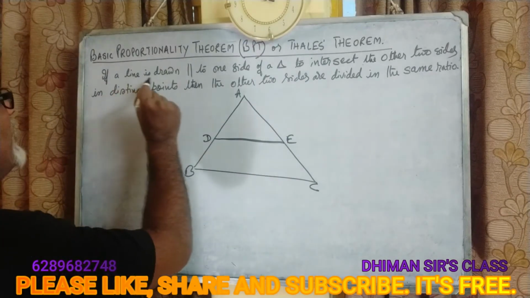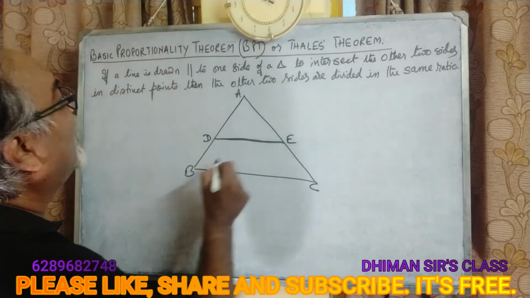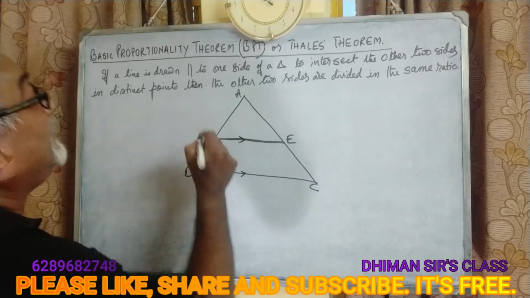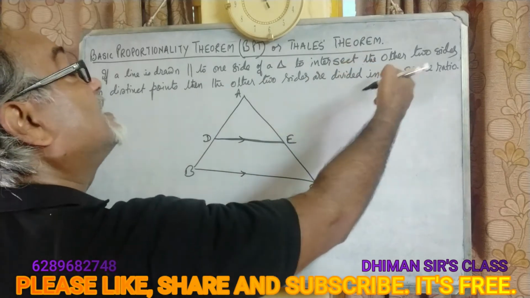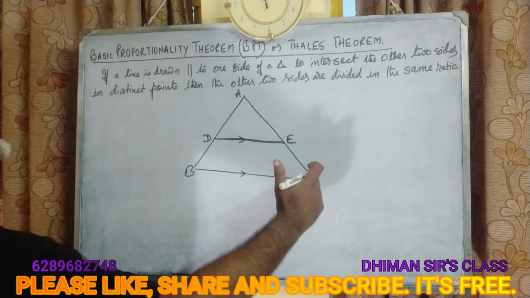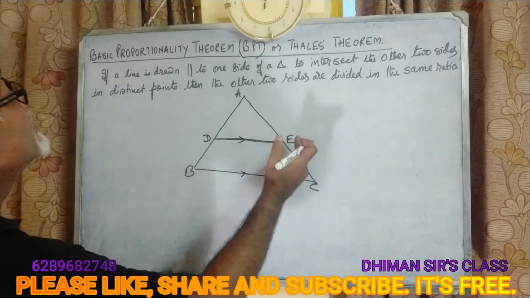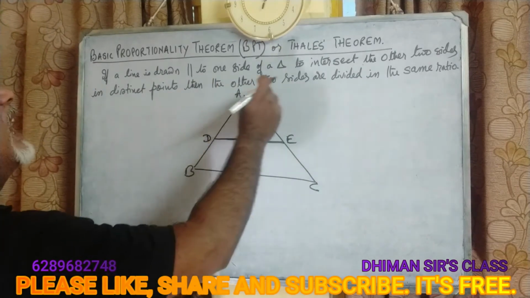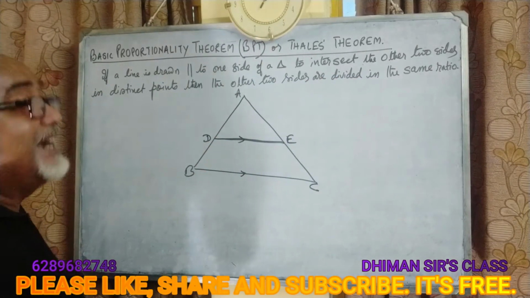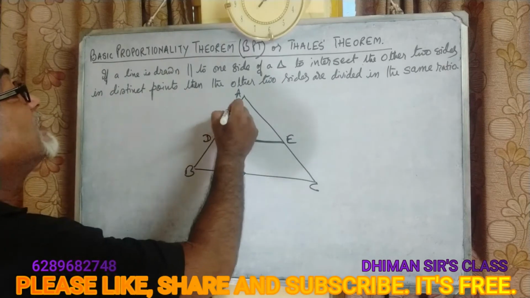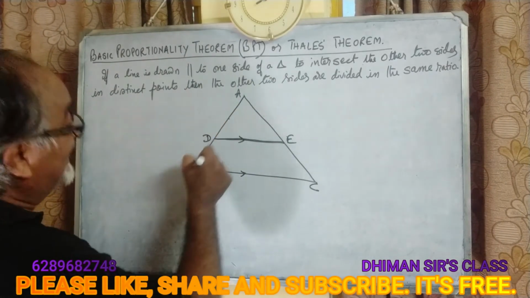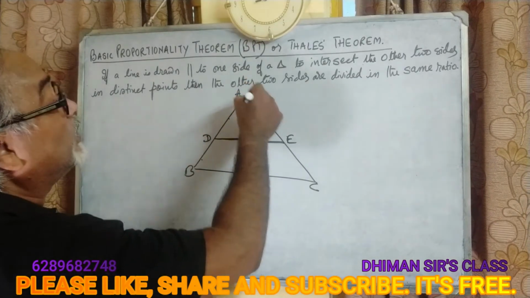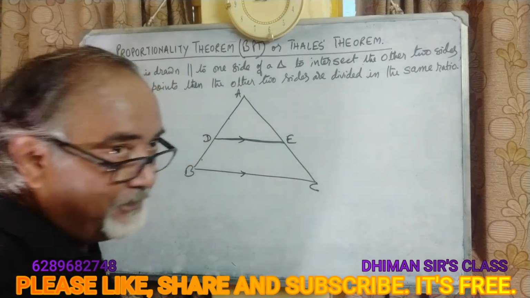That means if a line is drawn parallel to one side of a triangle to intersect the other two sides in distinct points, then the other two sides are divided in the same ratio. Means AD by DB is equal to AE by EC.